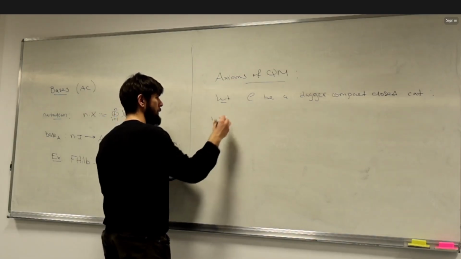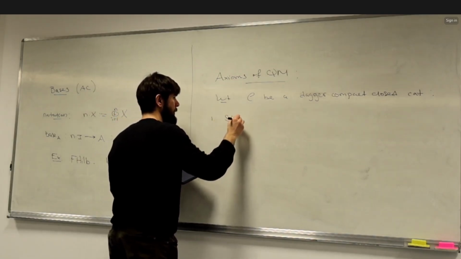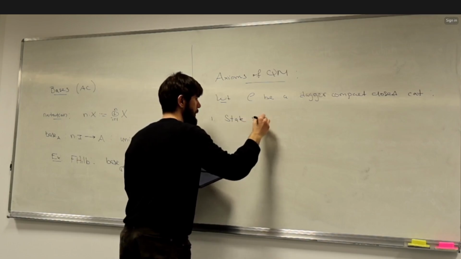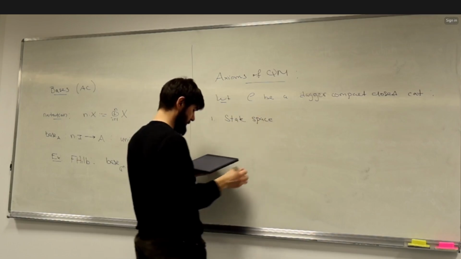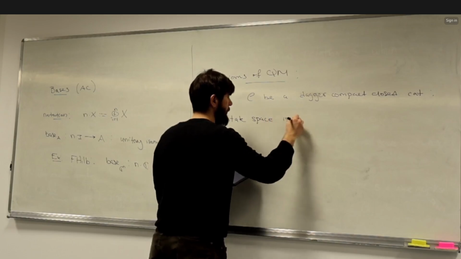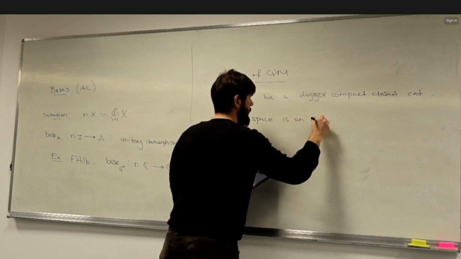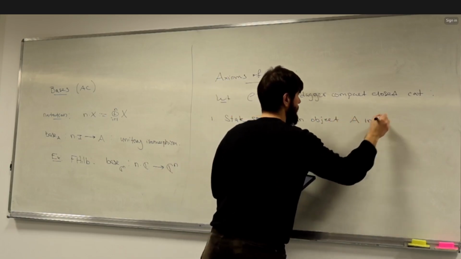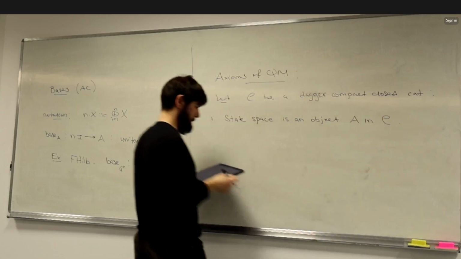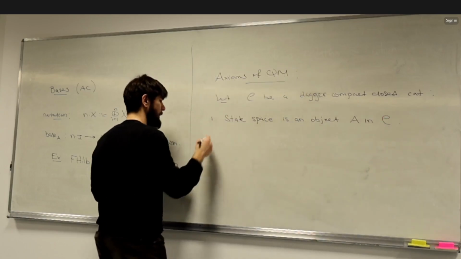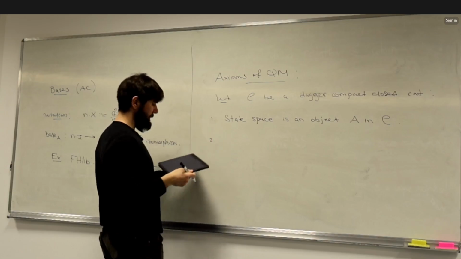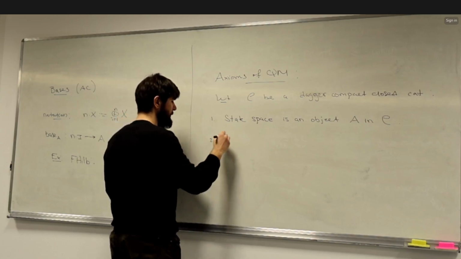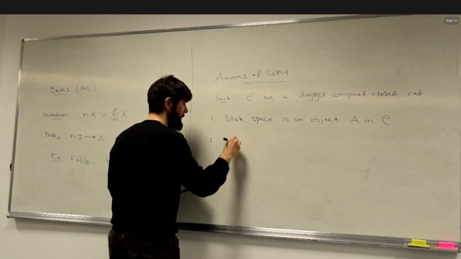So we have a state space, which is an object A in C. So we have the notion of a basic variable. I'm following them here.